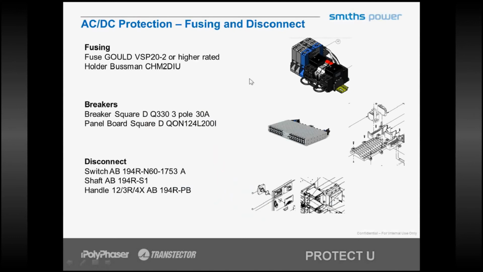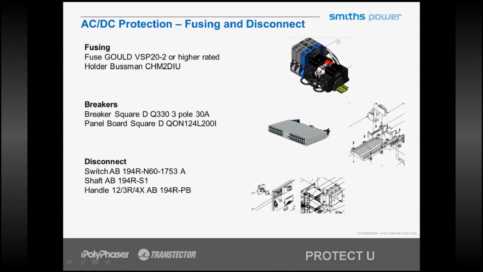An important aspect of the AC and DC protection environment is the disconnect means that the customer employs. This slide is intended to provide a summary of those disconnect means. We employ fusing, breakers, and disconnect switches in our products to provide effective and long-term valuable surge protection.